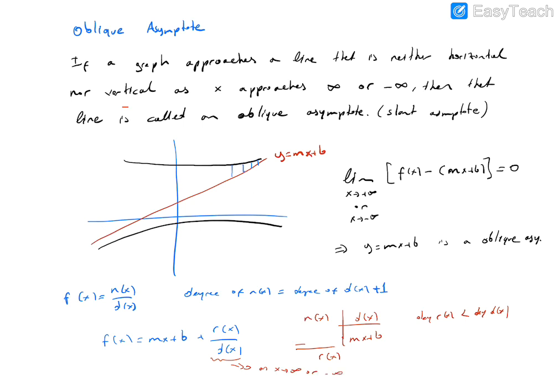So f of x minus (mx plus b) goes to 0 because of this reason. From here, you can obtain f of x minus (mx plus b) equals r of x over d of x. So the right hand side goes to 0 when x goes to infinity or minus infinity. So mx plus b is the oblique asymptote for the rational polynomial function.